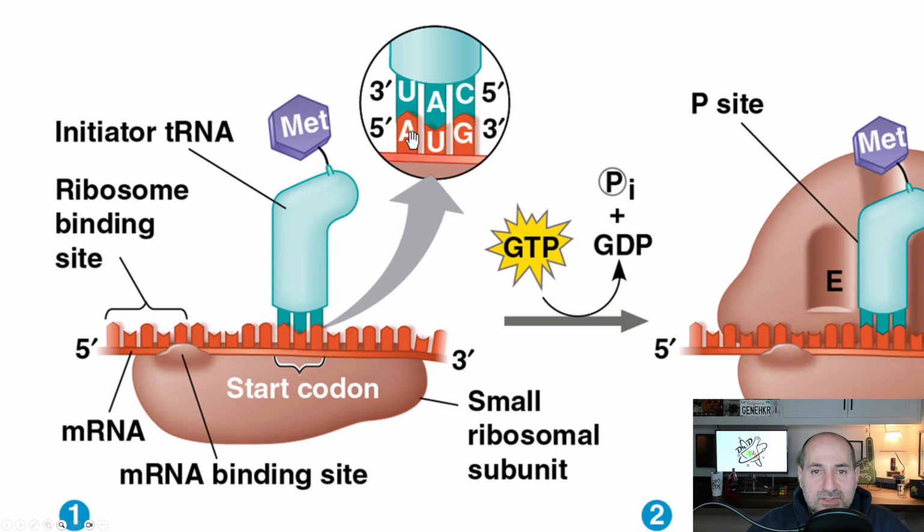That's right, it says AUG, which means what binds to that? This is the tRNA that recognizes AUG. So what anticodon does this tRNA have to have if it's going to pair up in a complementary fashion with AUG? It should have UAC, right?